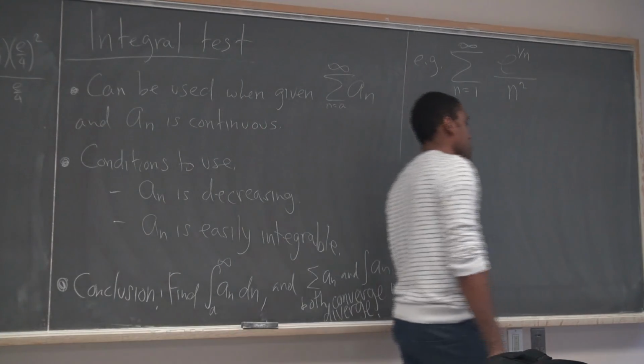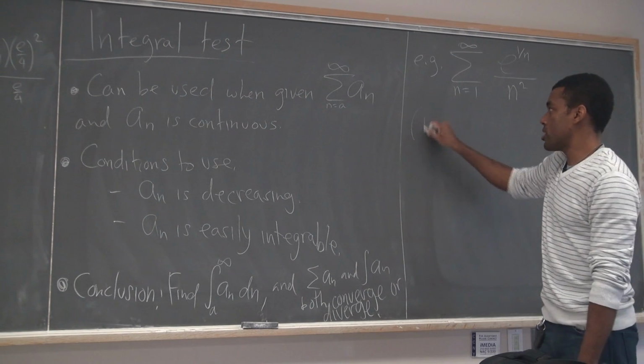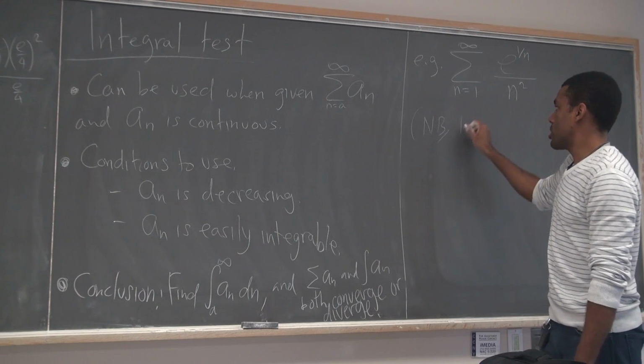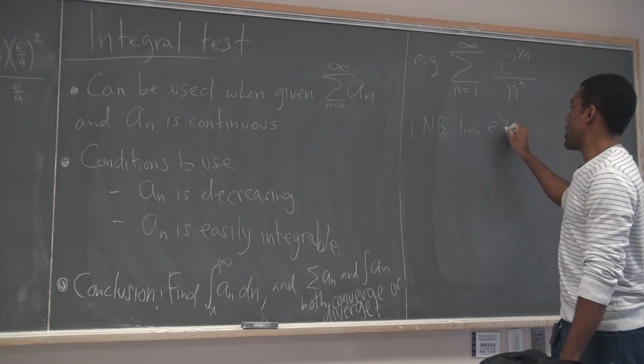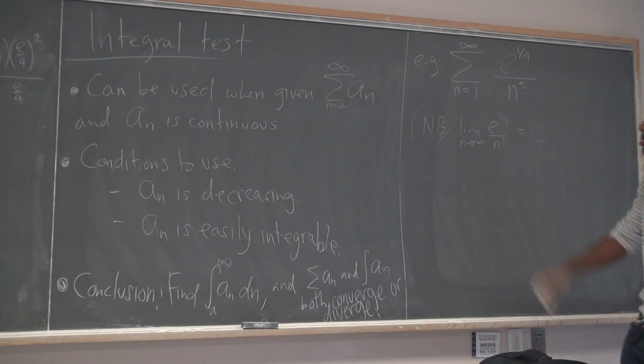You integrate. Okay? So, what happens here? What's the first thing you talk about? The limit. The limit of e to the 1 over n squared as n goes to infinity is 0. In the top, the limit goes to 1, and in the bottom, the limit goes to infinity. So this approaches 1 over infinity, so it's equal to 0. Test for divergence doesn't help.